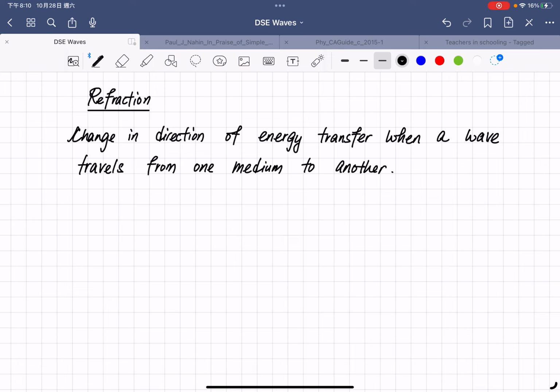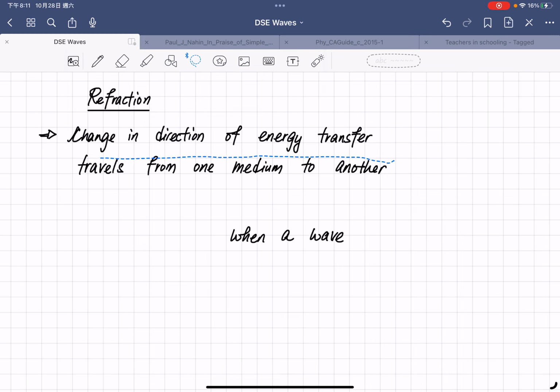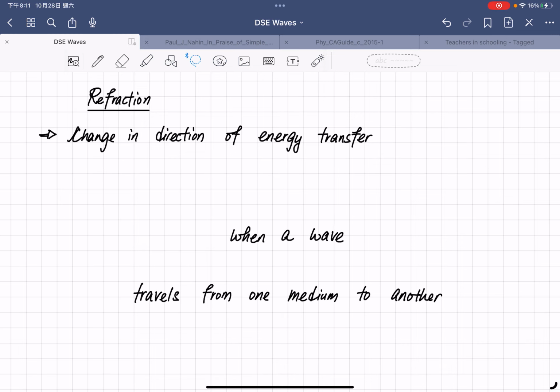And this is due to a change in wave speed. So maybe I put it here: it's a change in direction of energy transfer due to change in wave speed.